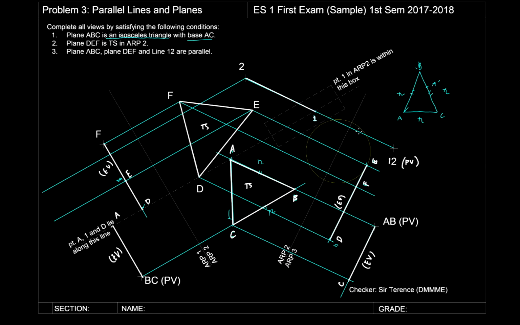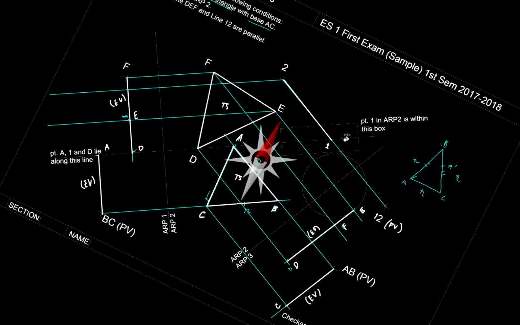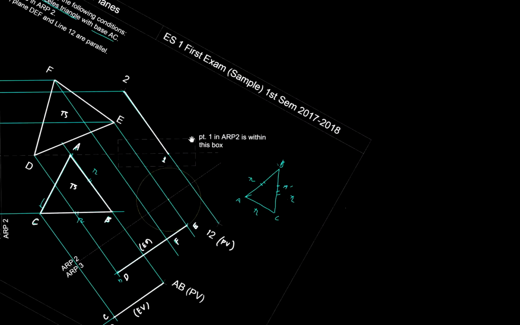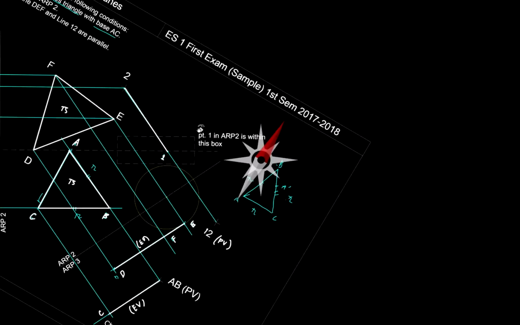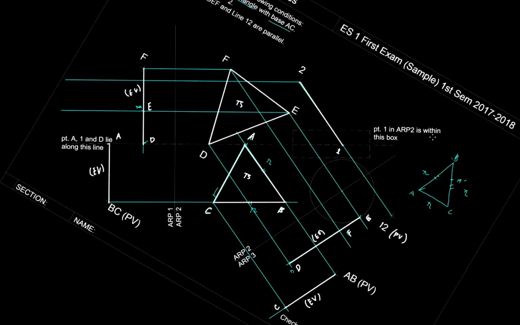Tapos, pwede nyo na i-project tong si 1, 2 dito. And if I do projection lines, let's do this. Project natin siya. This is location of 1, location of 2. Ang kailangan ko lang is distance na lang, no? Which is this distance.